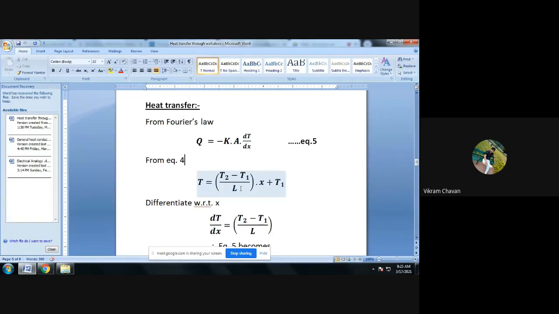Now we have to differentiate this equation to find the equation for dT divided by dx. Differentiate with respect to x.